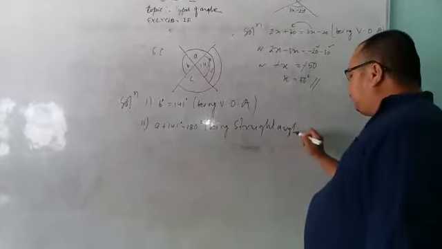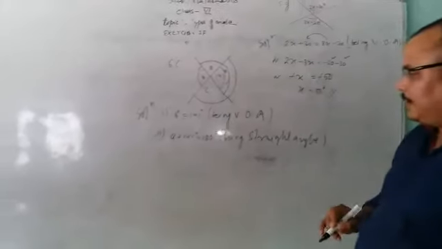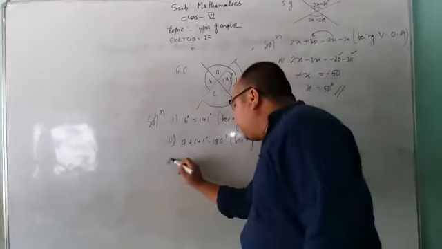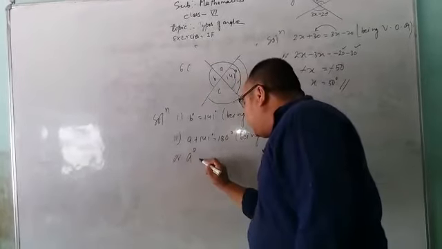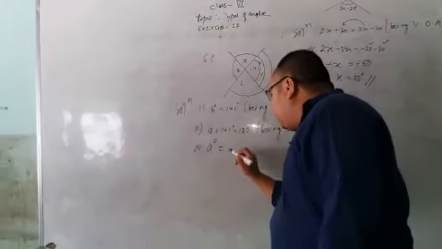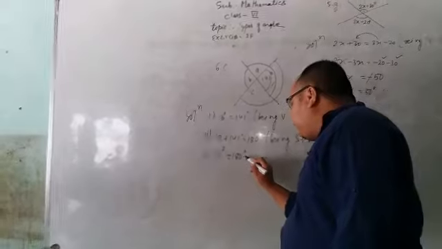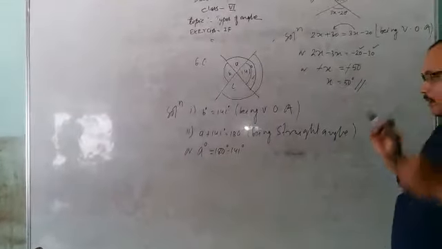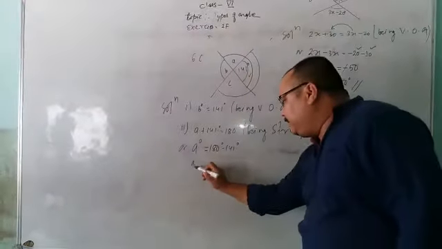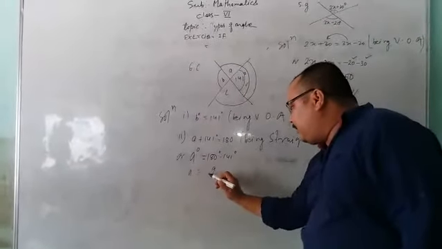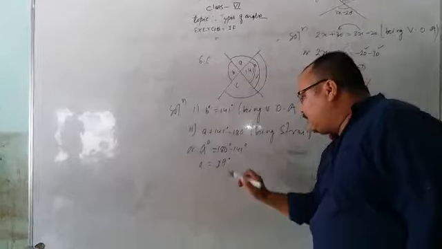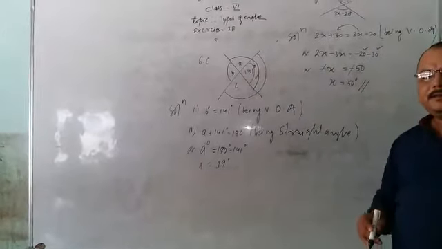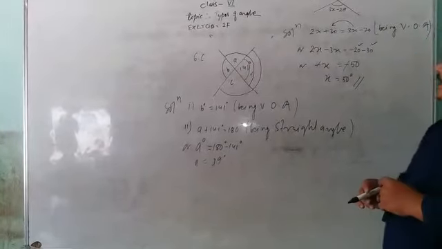Okay. Now solve the equation. A degrees is equal to 180 degrees minus 141 degrees. The difference is 39 degrees.